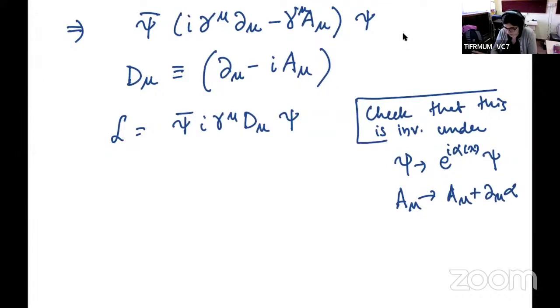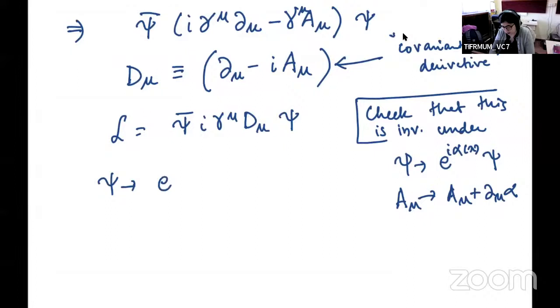This d mu is what is called the covariant derivative. And the meaning of covariant is it transforms in the same way as the original field. So if psi goes as e to the i alpha psi, then d mu psi also goes as e to the i alpha psi.